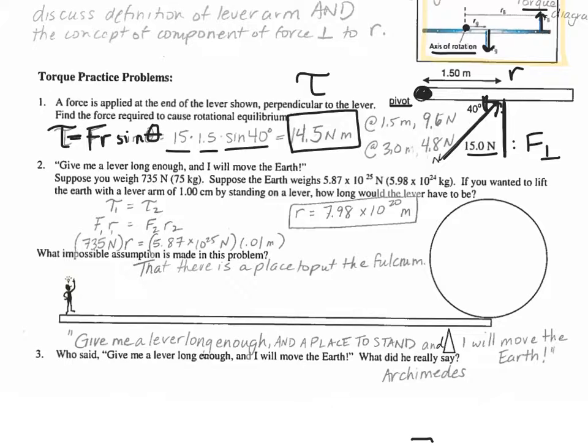But now the question is, what force is required to create rotational equilibrium? Well, this is an ambiguous problem because the question is where. So I'm going to have to make an assumption here. If I assume that the force is going to act at 1.5 meters in the middle here, then the force needed would be 9.6, because 9.6 times 1.5 is 14.5.